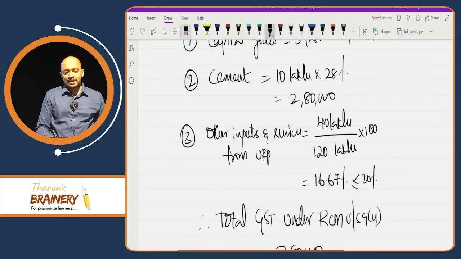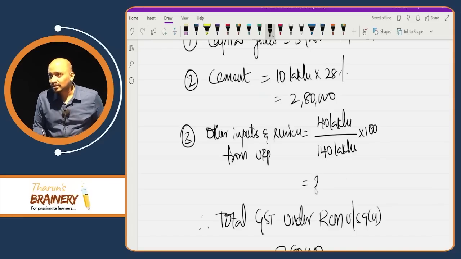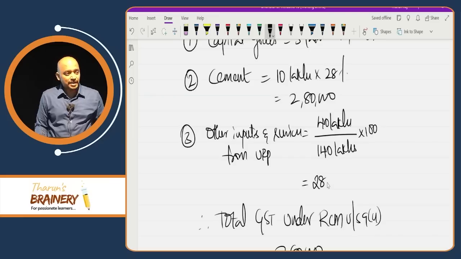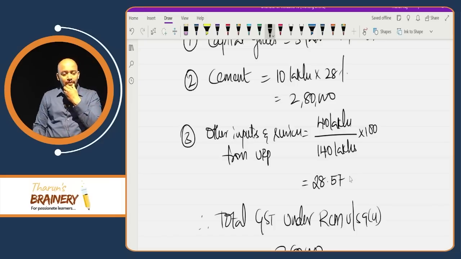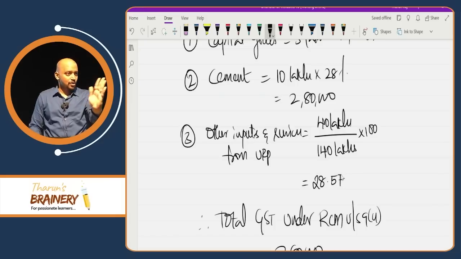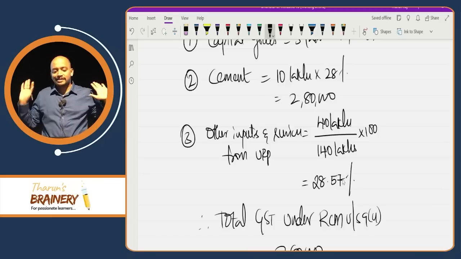So 40 lakhs divided by 140 lakhs into 100, that is 28.57%.